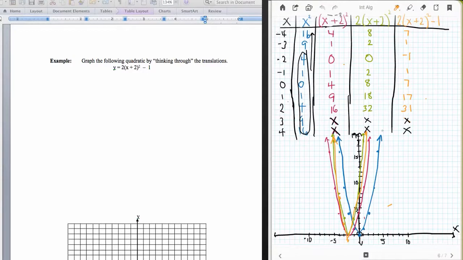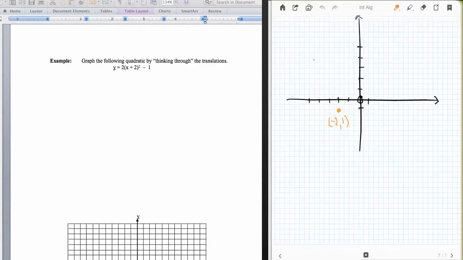So let's see, I'm going to have 7's, 1's, and positive 1s, 7's and positive 1s. So positive 1s here, and positive 1s here, and then 7's here, 5's, 6, 7.